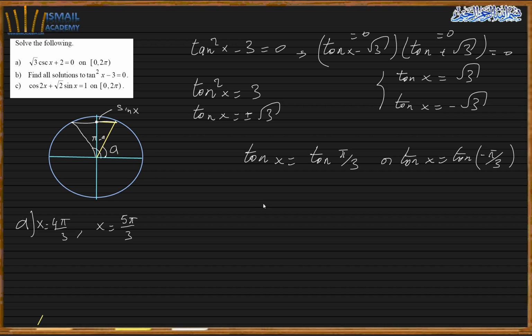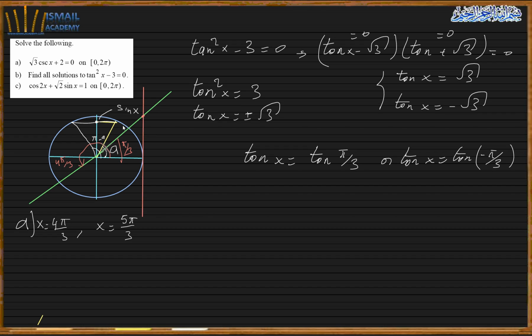So for tangent, if I do the tangent here, so this is the line of tangent, and if I have pi over 3, suppose this is my pi over 3, and if I extend this line, you see, so this is my pi over 3. So the pi over 3 and pi over 3 plus pi, you see, from here to here is 4 pi over 3.